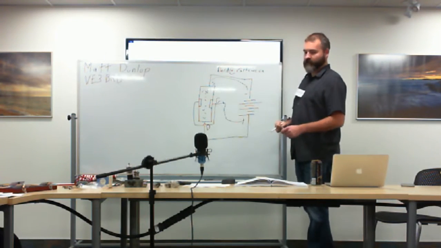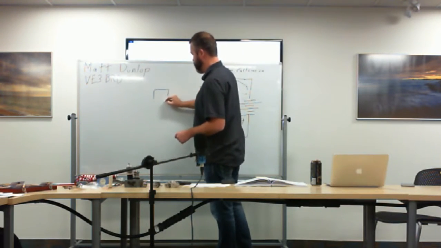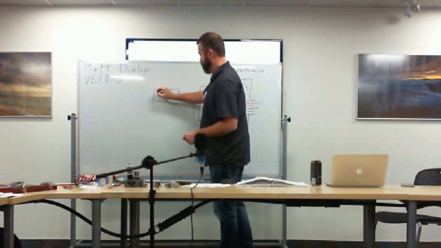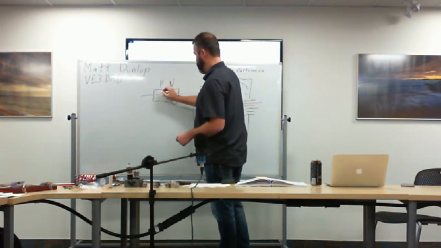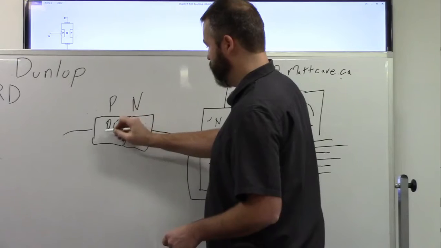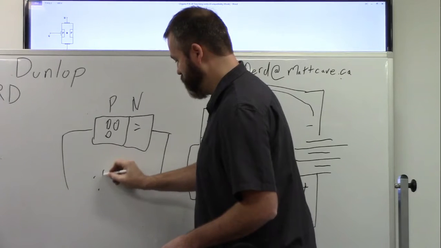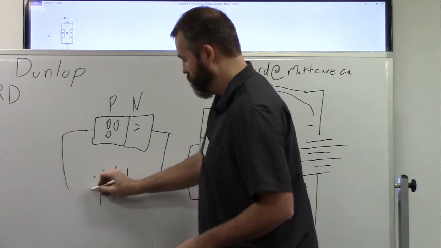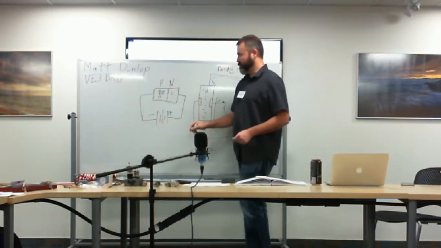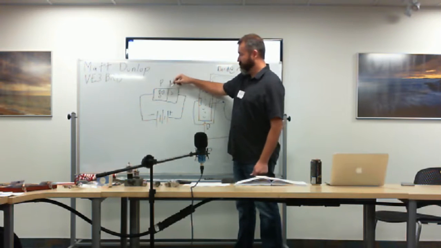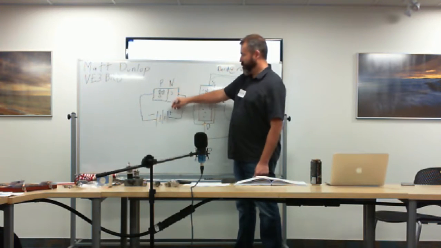If you remember back when we were talking about diodes, the PN junction, we have a depletion zone between the P and N material, and we connect up a negative to the P material, which is the positive material, and we hook up a positive.